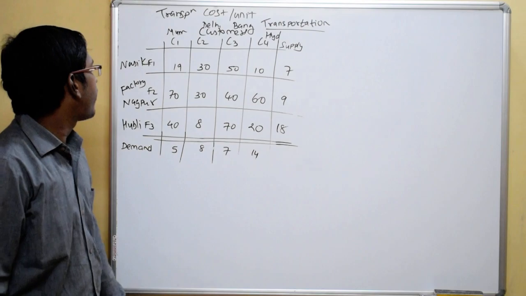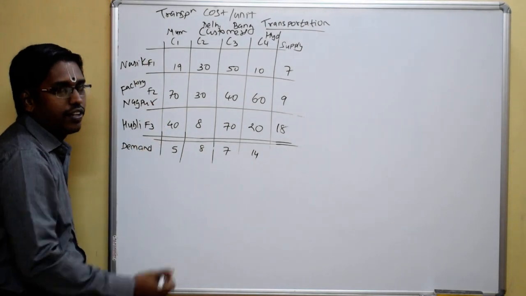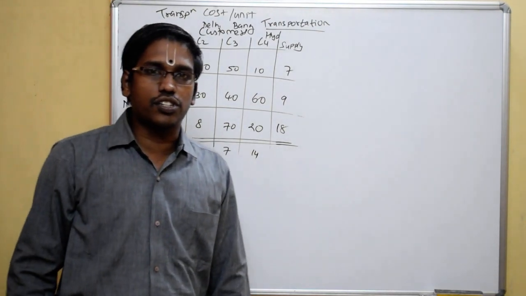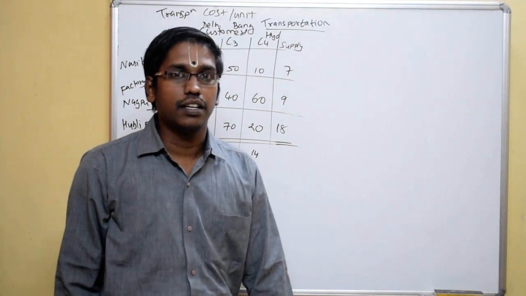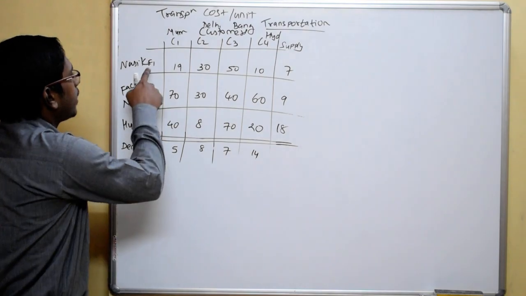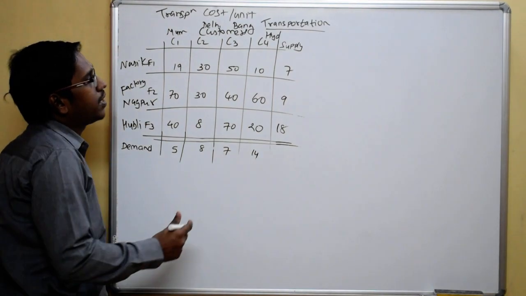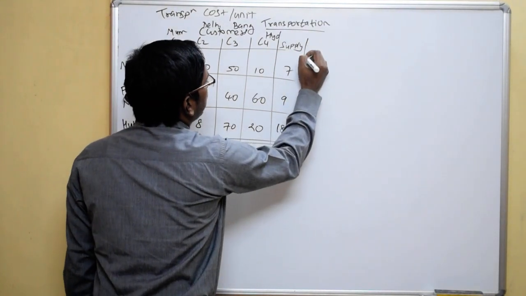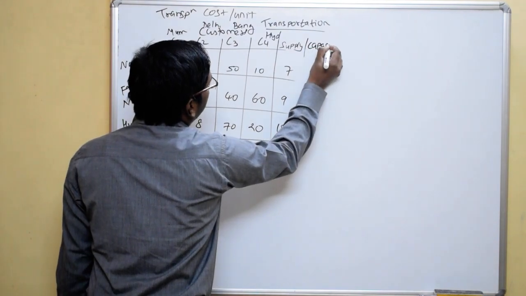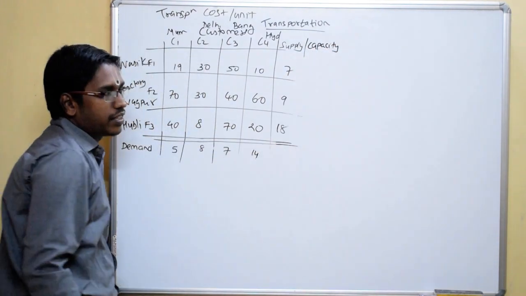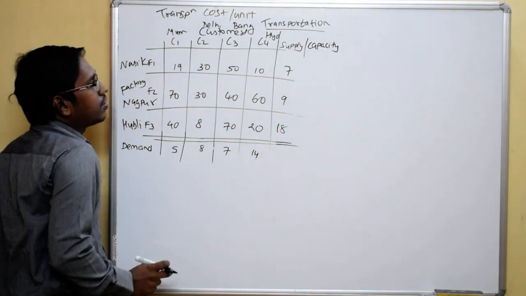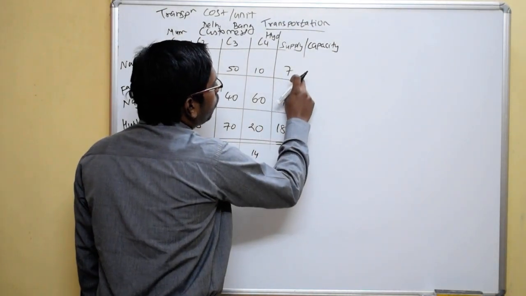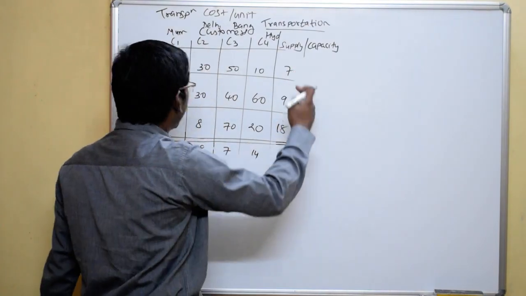Now, every factory F1, F2, F3 here has got some restriction, some limitation when it comes to production capacity. So here factory 1 has got a capacity of 7. So I can say supply or capacity. These could be in lakhs, these could be in thousands. Let's assume lakhs. Assume that factory 1 has got a supply capacity of 7 lakhs or 7.